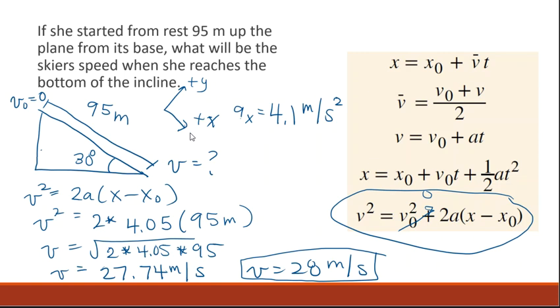So for these problems, acceleration and the distance need to be in the same direction, right? Like before, acceleration of gravity was in our up and down vertical direction. So the direction of acceleration has to be the same direction as the distance that we're talking about. Okay, so yes, the acceleration and the distance are the same here.